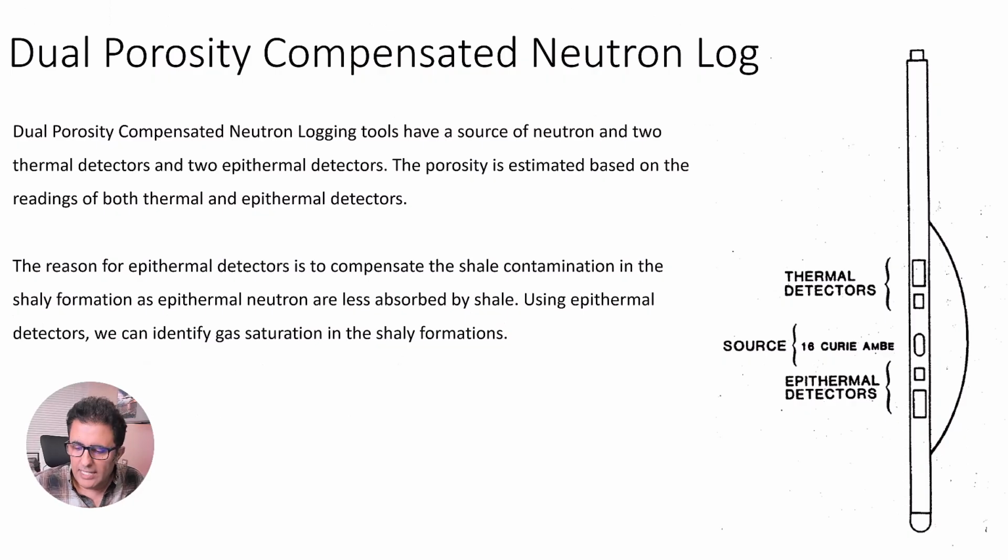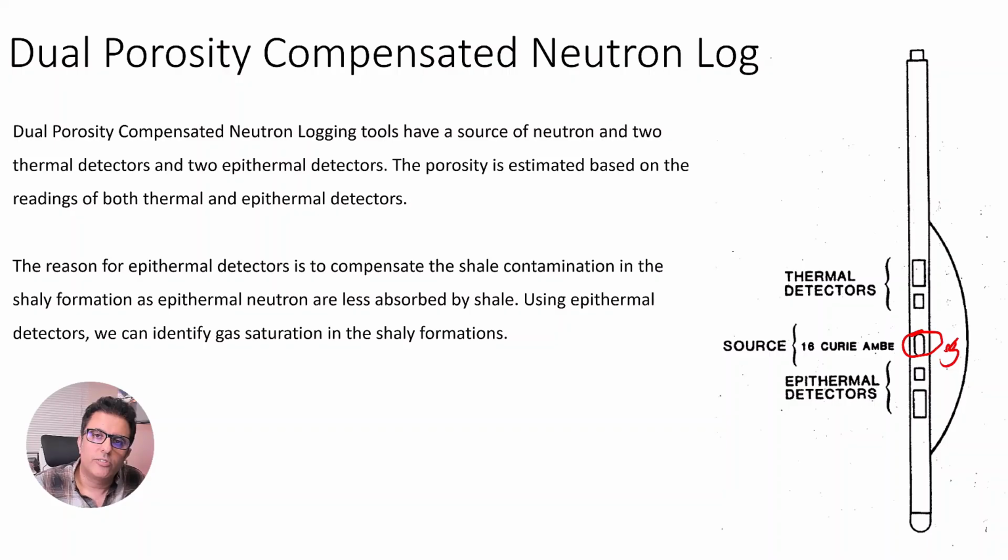So in order to address the problem of gas saturation, a more advanced version of the neutron porosity log has been developed, and that is the dual porosity compensated neutron log. As you see in this logging tool, the neutron source is in the middle, and we have two thermal detectors at the top and two epithermal detectors at the bottom.